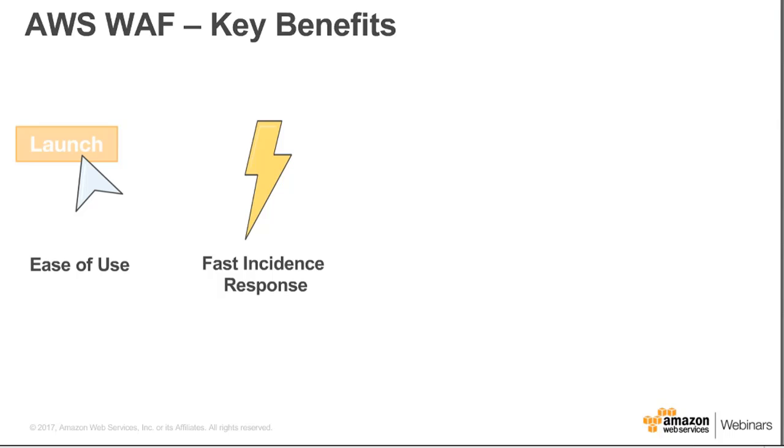The normal time is more along the lines of 15 to 25 seconds. So this is for customers who say, I want to be able to update the rules not in an hour, not in a day, but within a minute. So you have that with AWS WAF.